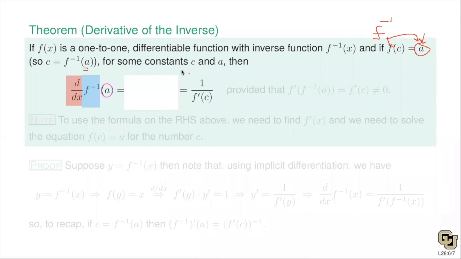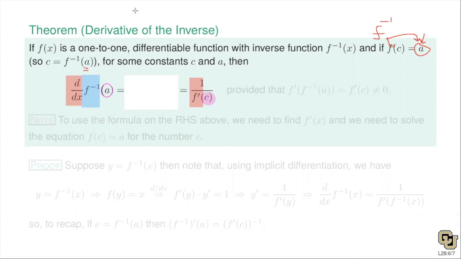So we're going to take a reciprocal of the derivative of f. That's 1 over f prime. We have not differentiated the inverse. That's 1 over f prime. And then evaluate that derivative at the number c. Here's the important part. C is not random.